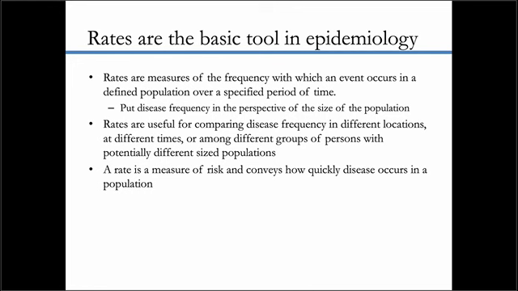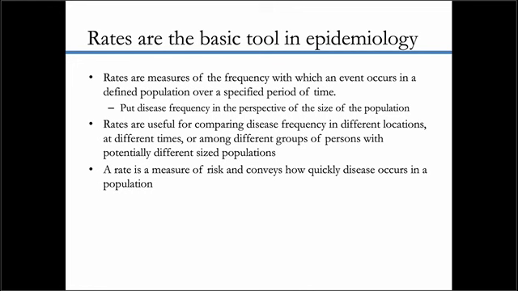So they adjust the number of deaths by the number of people in that population and allow for better comparison across populations. However, we do want to be careful in interpreting differences between populations when using these crude rates, because they don't take into account systematic differences that we might see between populations, including things like age differences or occupation differences or whatever that might be.